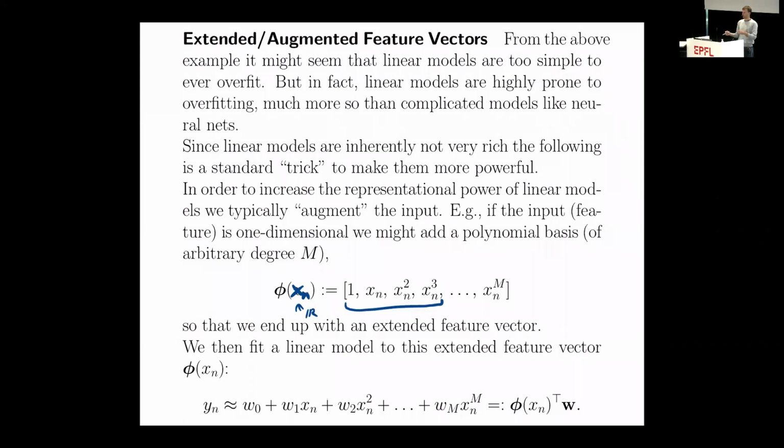nonlinear functions of this original feature. The easiest nonlinear function is just maybe take it to some power, the power of 2, power of 3. That's certainly something you can do. You have really full freedom in designing additional features to use, right?